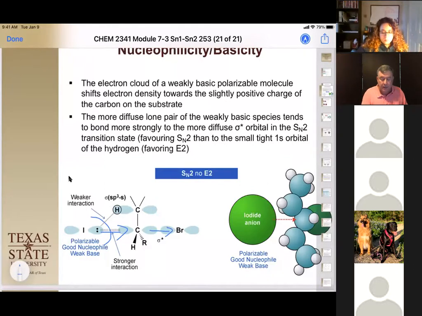So because it's polarizable and because it's a weak base, it's going to favor SN2 reactions. Remember, polarizability is one of those things that increases nucleophilicity. The more polarizable you are, the more diffuse your charges, that increases your chances of SN2.